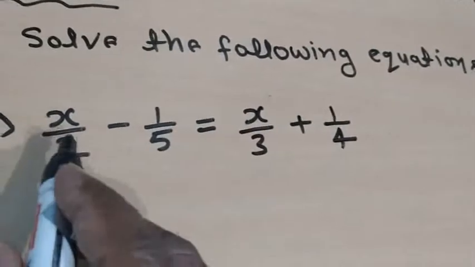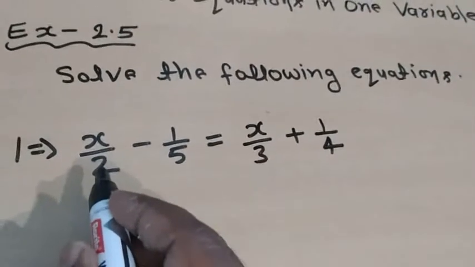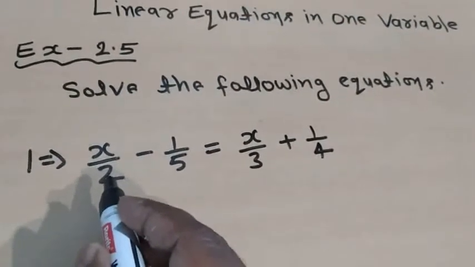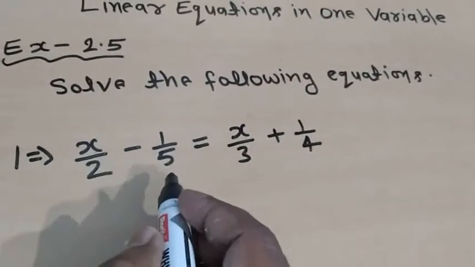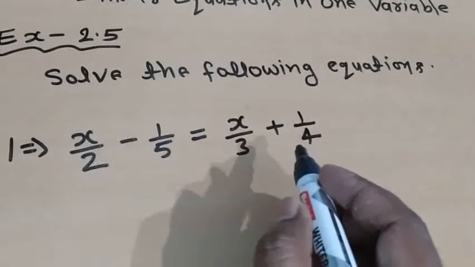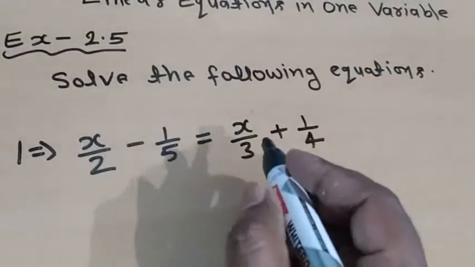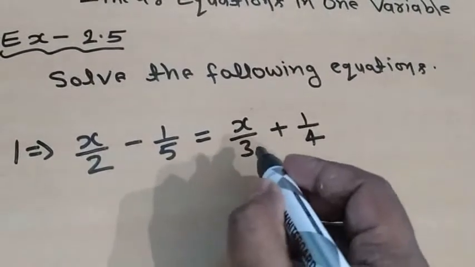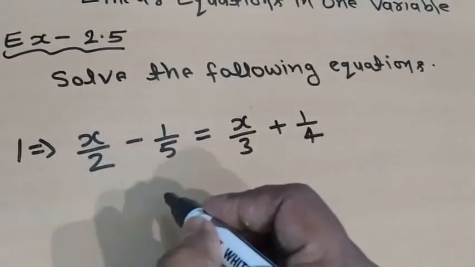Here you can see this is equation number 1. x by 2 minus 1 by 5 is equal to x by 3 plus 1 by 4. So first we transpose x by 3 to the left hand side.